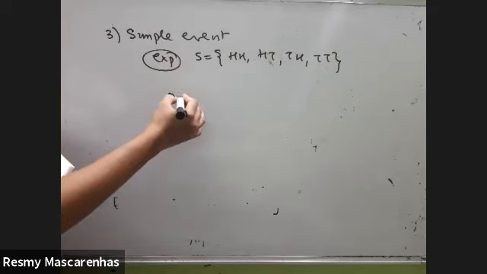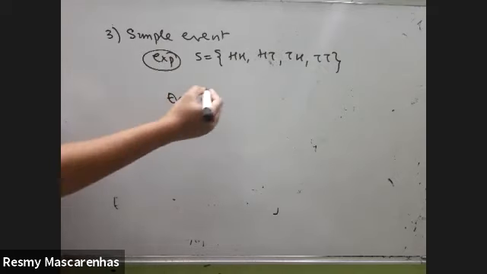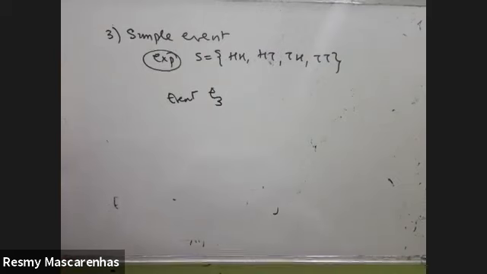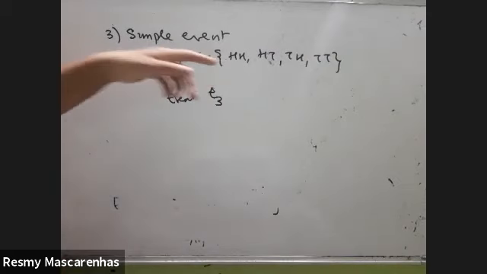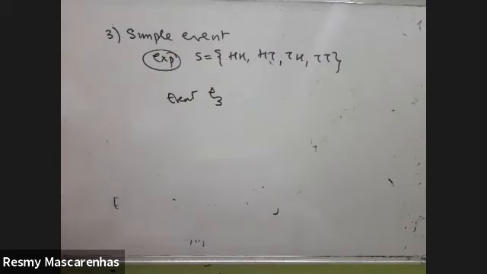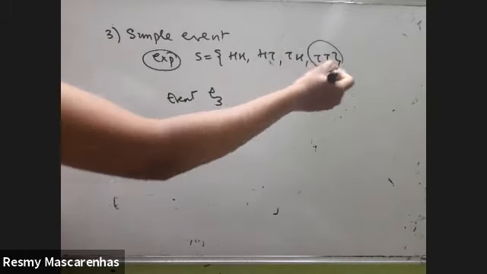Now we'll consider an event. Let E3 be the event where the tail occurs on both the coins. So which is the element?